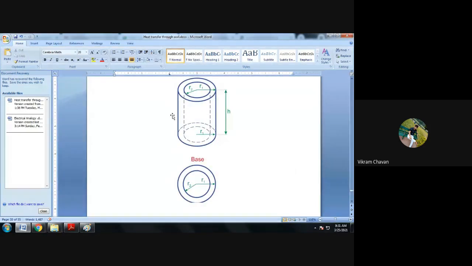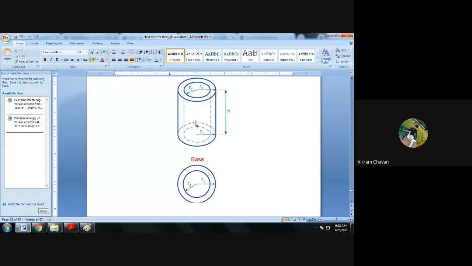Consider this is a hollow cylinder. A hollow cylinder has two radii, one internal radius and one external radius. In this diagram, the internal radius is shown as R2 and the external radius as R1.